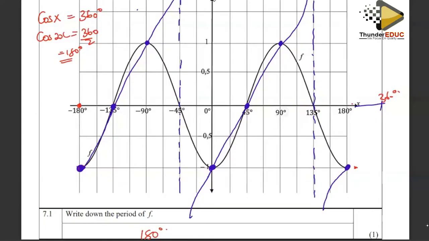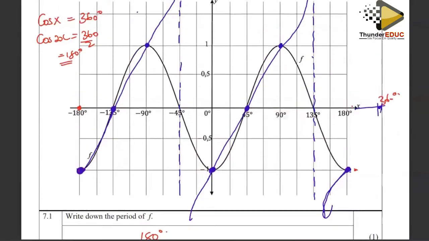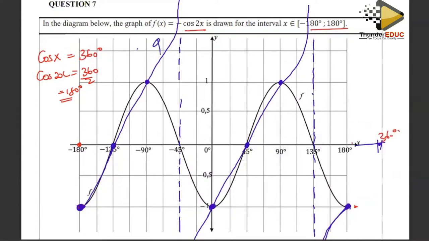Then tan of 225 minus 45 gives us 0 somewhere there, so the graph moves in this direction. So this must move towards the asymptote. So guys, that is our graph that we can label as G.